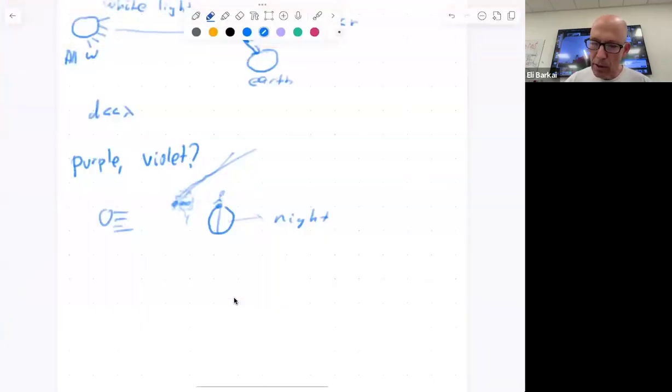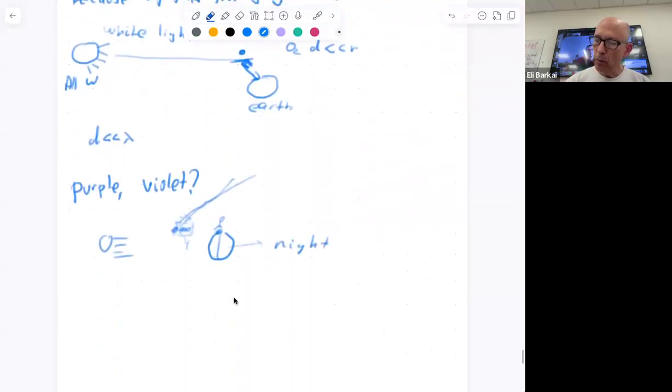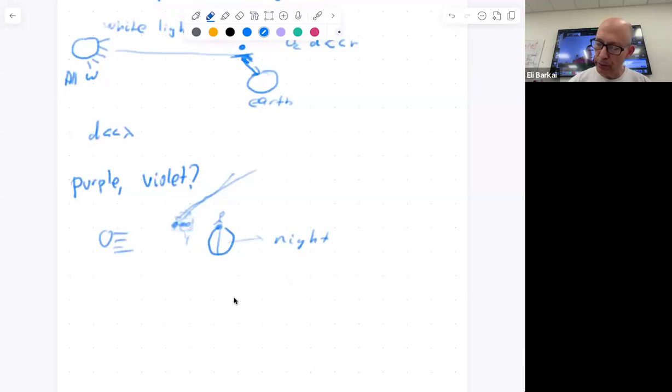And then the question is, so what? What is the difference if I scatter from dust and if I scatter from molecules like O2? So again, on Mars, we have a lot of nasty dust. Maybe a long time ago, there were a lot of molecules on Mars, but they managed to escape because the mass is very small.